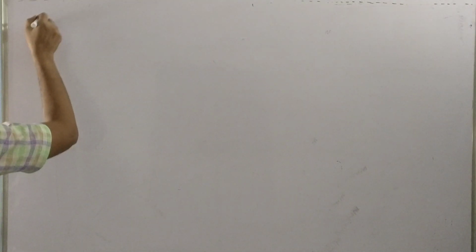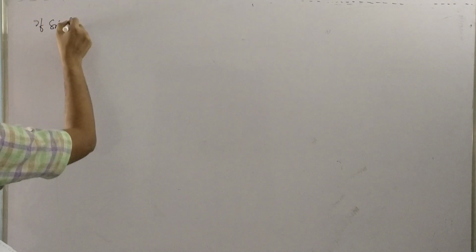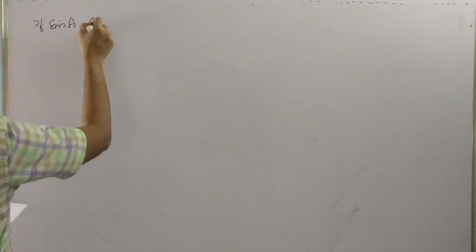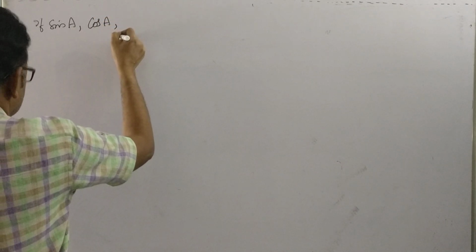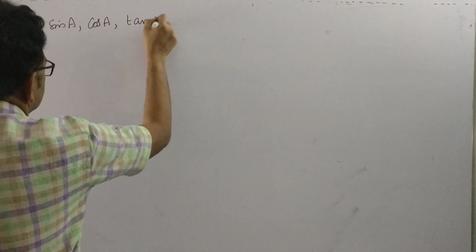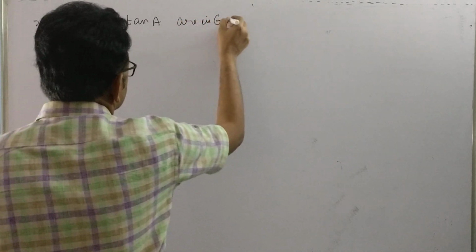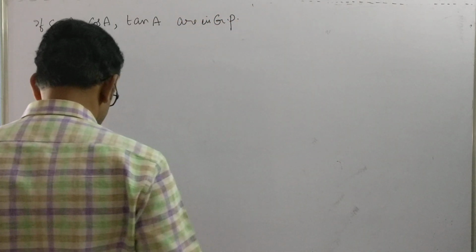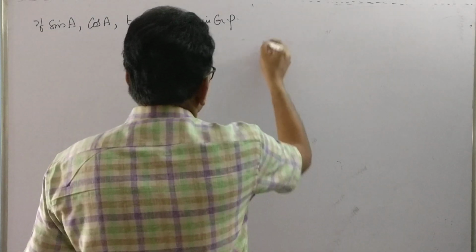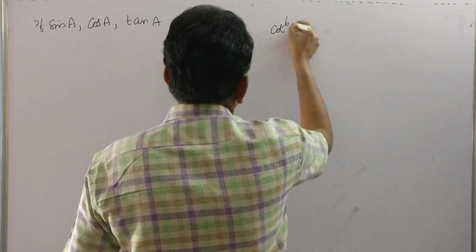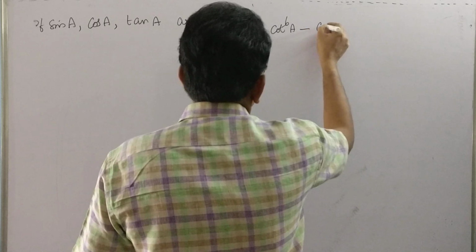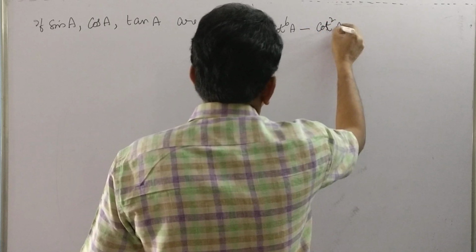Next one, if sin A, cos A, tan A are in GP, then cot⁶A minus cot²A is equal to?